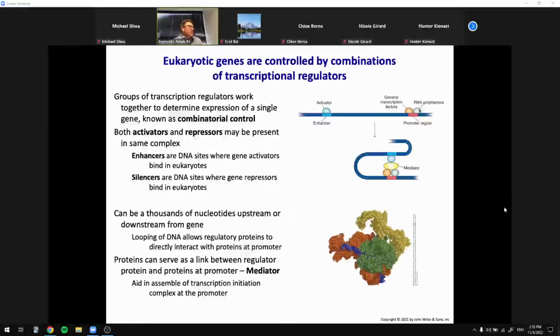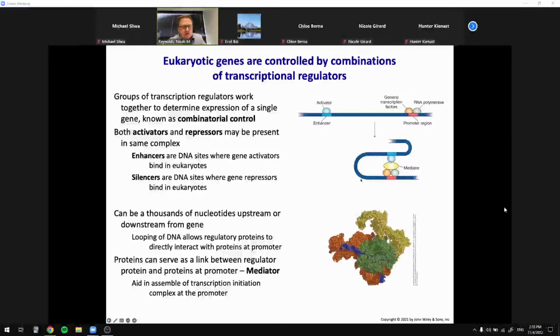And so I'll get to another one too, but to turn transcription on or off, we can regulate it through activators. That is how we would turn things on, and activators bind at sequences called enhancers.